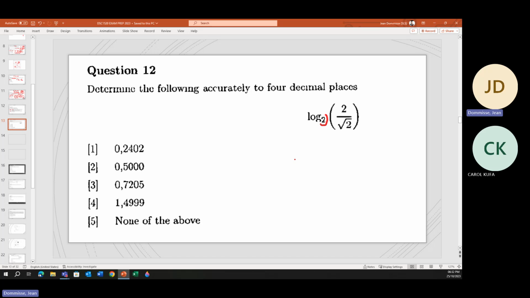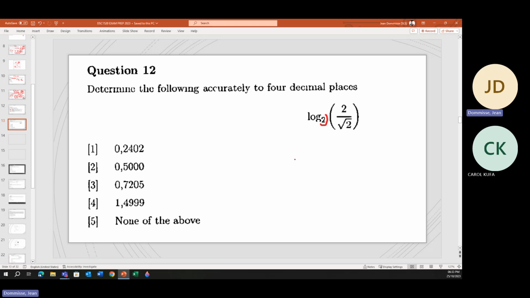Some of your calculators actually allow you to put that number into a calculator, so check if you can. Otherwise, I will show you something else.